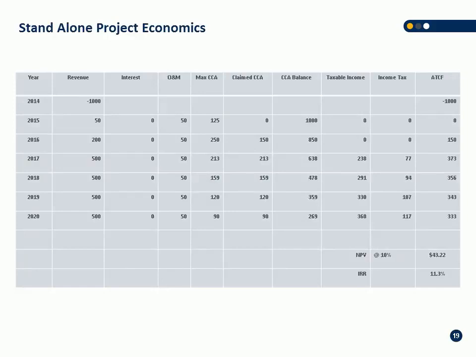Again, they do the same sort of thing where they just analyze both cases. And you can see there are different indicators at the bottom. You've got an NPV 10 and you've got your internal rate of return. On the standalone project economics, your internal rate of return is about 11%. And on flow through, it's about 12%. So the tax incentives that you have as a corporation do help your return on investment as a company.